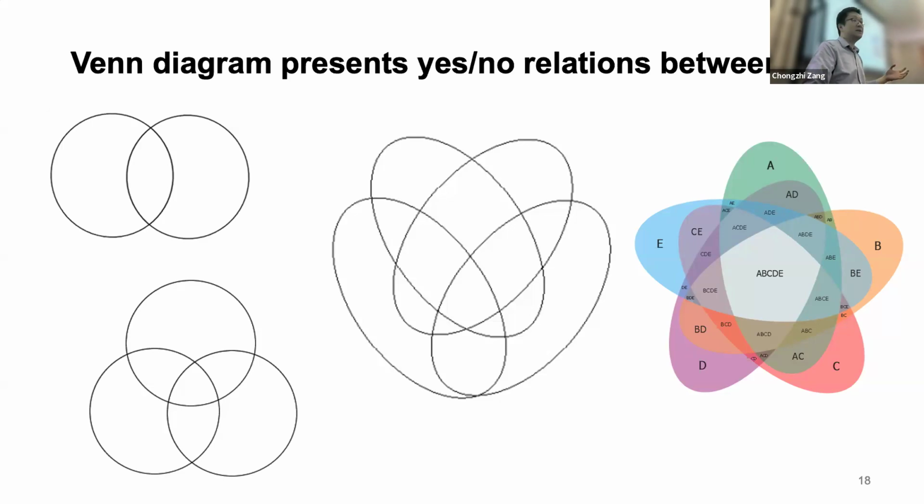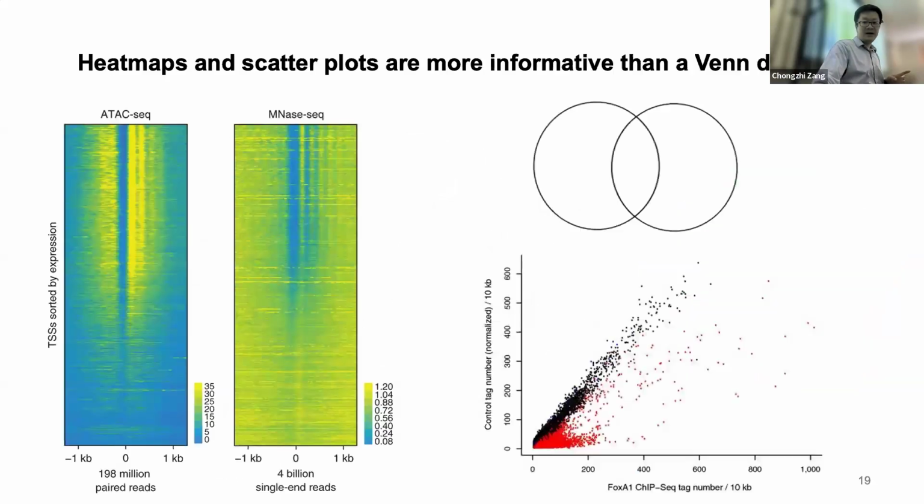This can be easily achieved for a two-set Venn diagram, is okay in most cases for three sets, but is almost impossible for a Venn diagram with more than three sets. So try to avoid using Venn diagrams to present data with more than three sets.